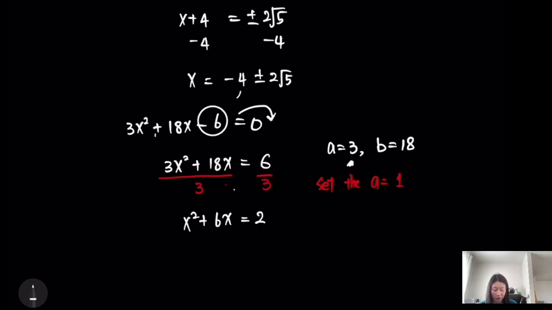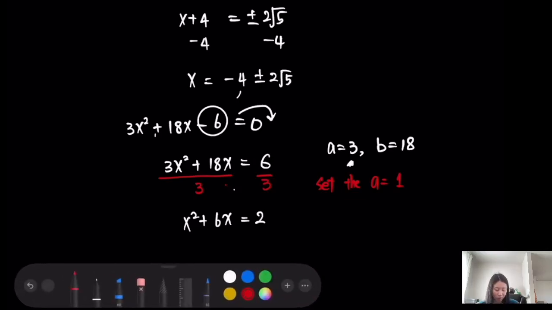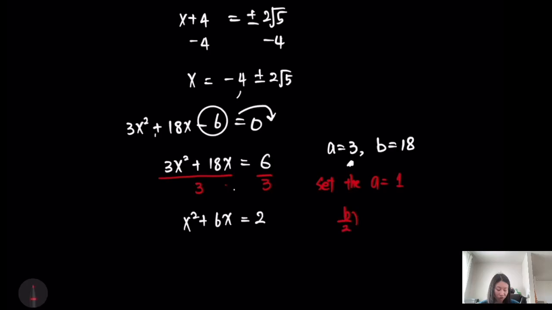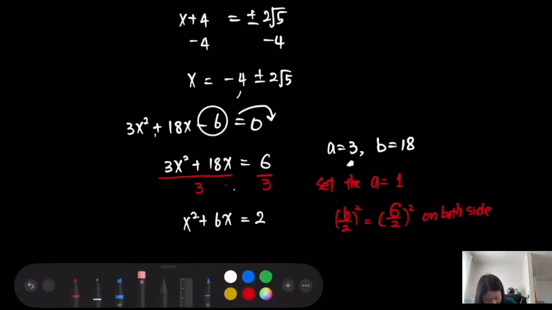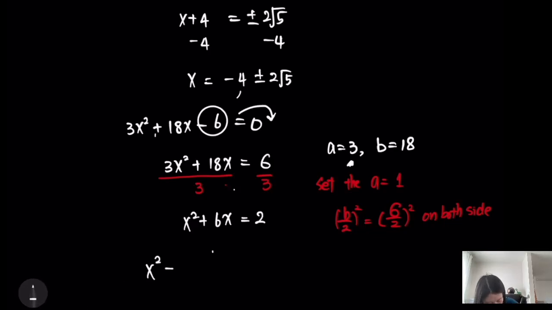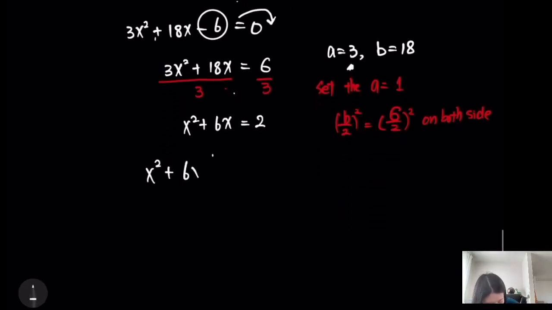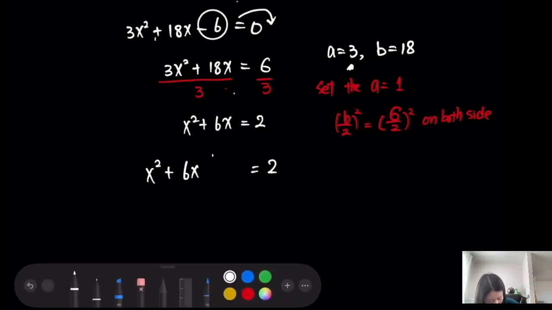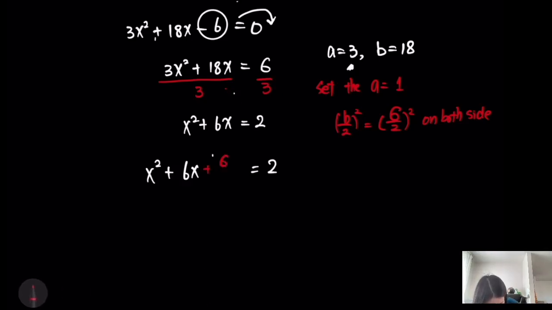So the next step is I'm going to add b over 2 squared on both sides. In our case, our b is equal to 6, so 6 over 2 squared on both sides. So that means I'm adding 6 over 2 squared to x squared plus 6x equals 2.